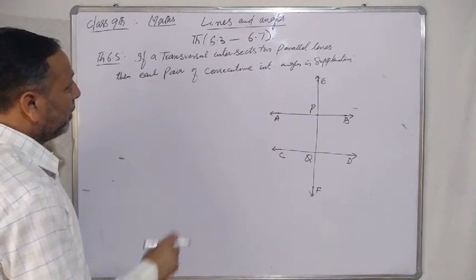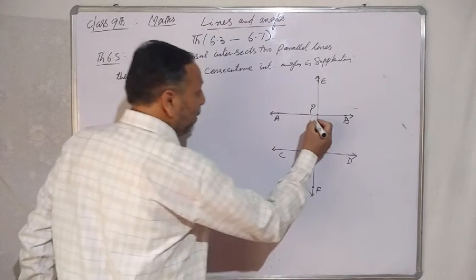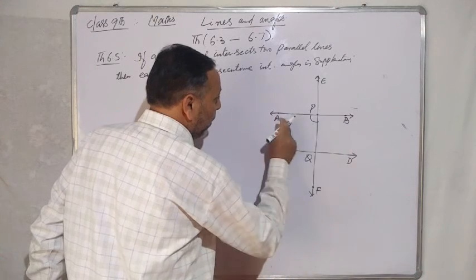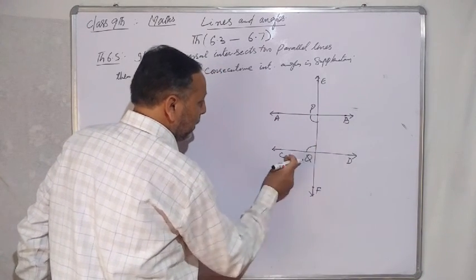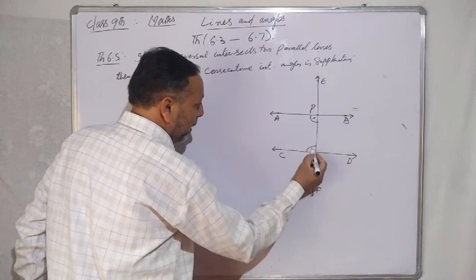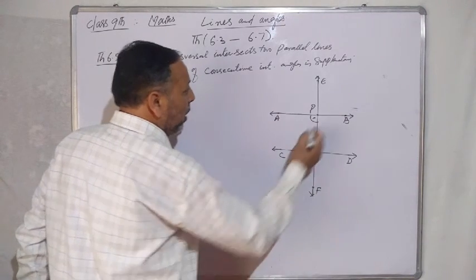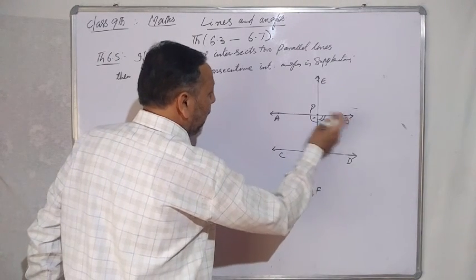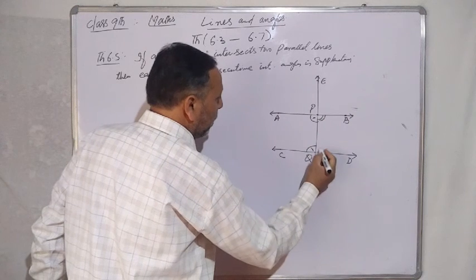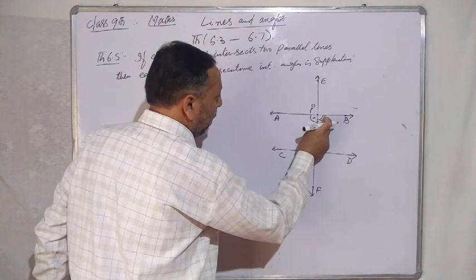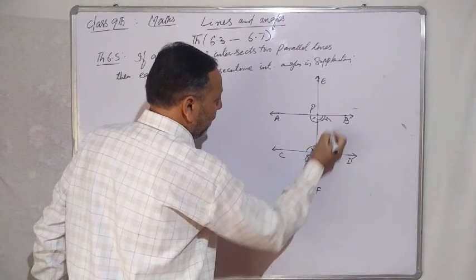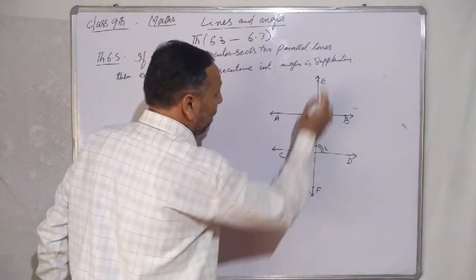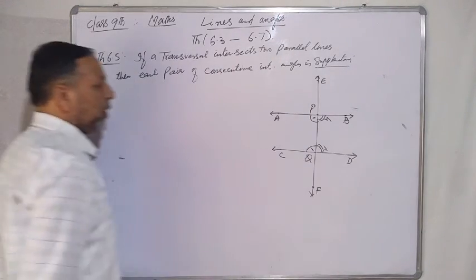Then prove that consecutive interior angles, that means prove that angle APQ plus angle PQC is 180 degrees, or prove that angle BPQ plus angle PQD, this angle and this angle, their sum is 180. Supplementary means 180 degrees.